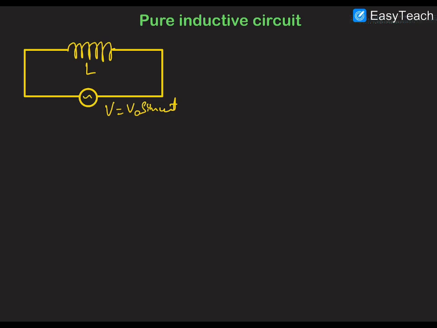So we have connected this inductor with an alternating AC source, you can see, and let's suppose that at any time the polarity of this AC source is this one.